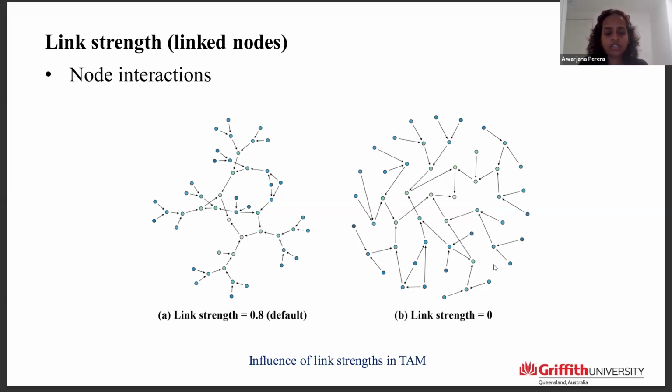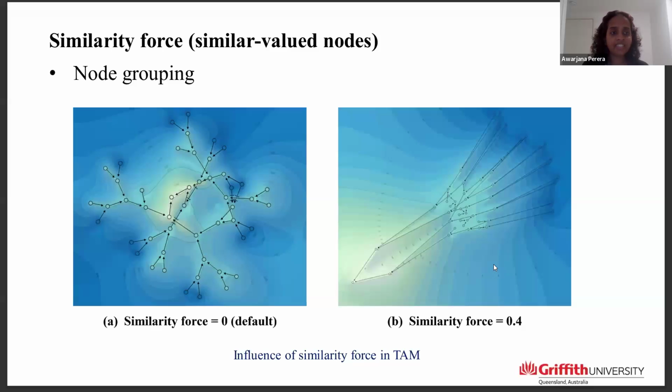The first picture has the link strength maintained at the default value as in the original TAM tool. In the second picture, I have slightly reduced the link strength, and it has changed the shape of the graph entirely.